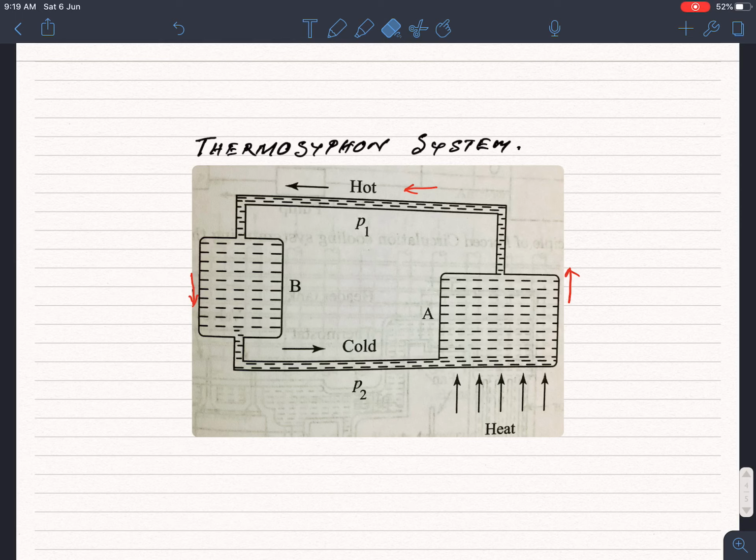Here you can see that the diagram contains two chambers A and B, where we can see the heat is supplied at chamber A, like this.